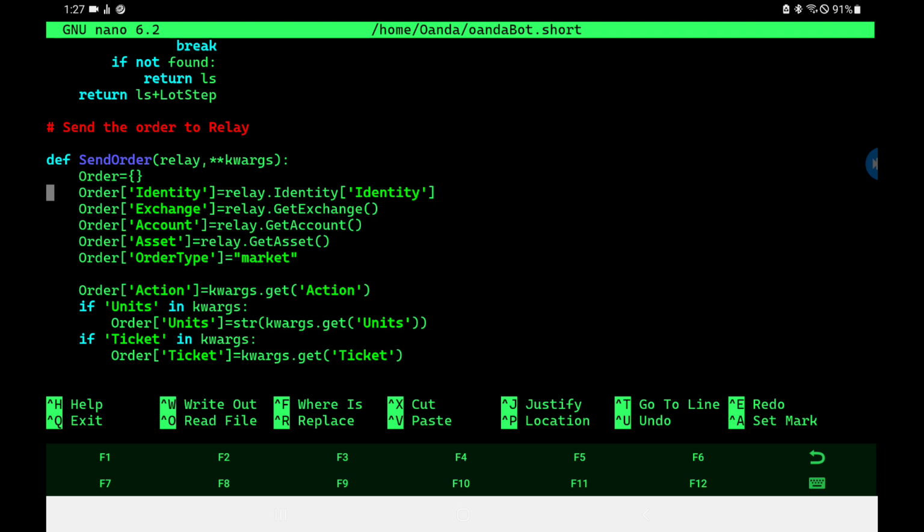We need to have a way of protecting this order. The exchange we're working with, which is Oanda, our current account. The asset we're working with, in this particular case, it could be Euro USD. We are placing a market order.